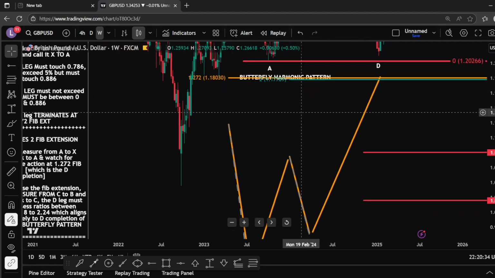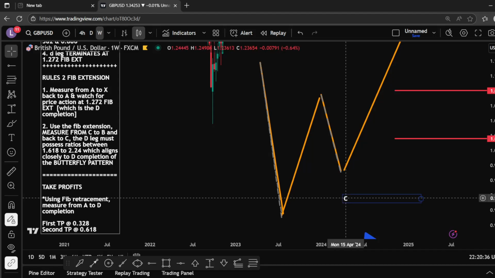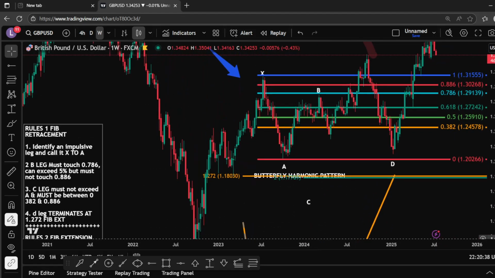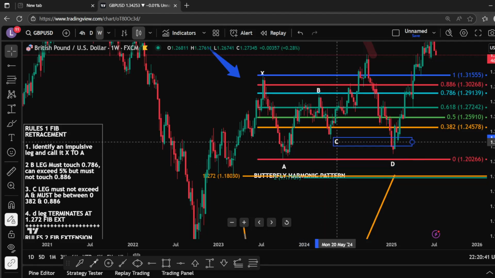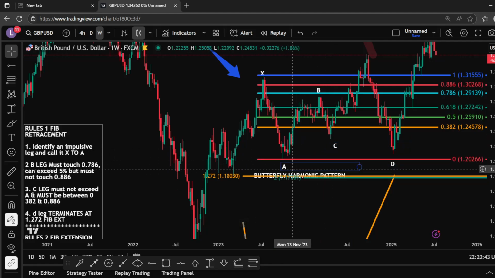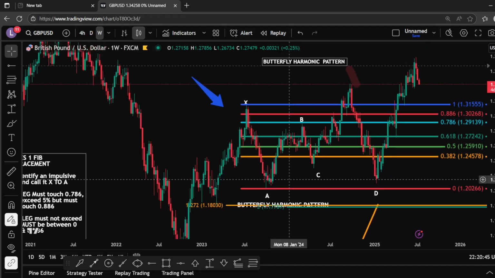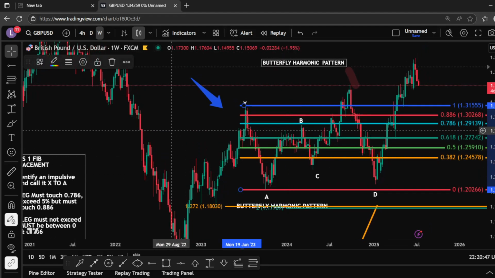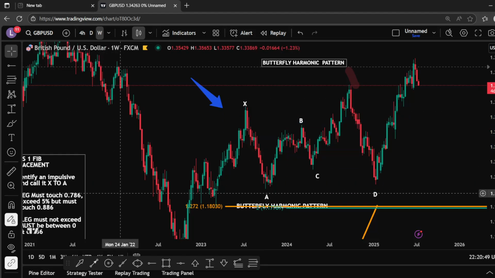So for our C leg, it is right there. So for the C leg, what we need to do is take our FIB retracement again.